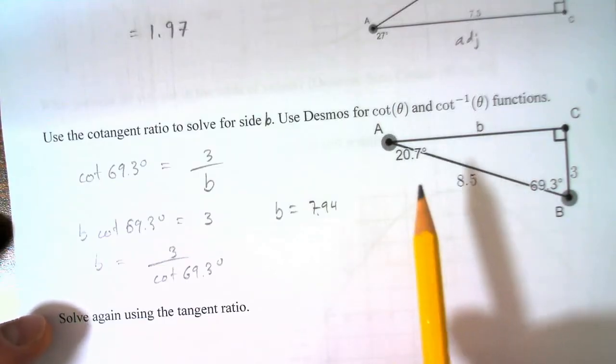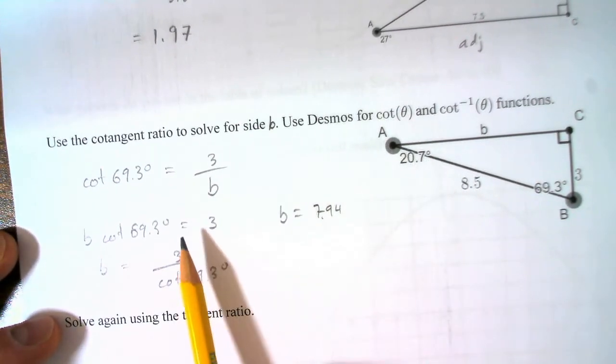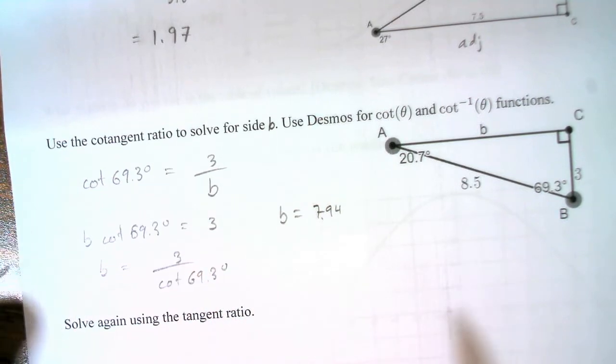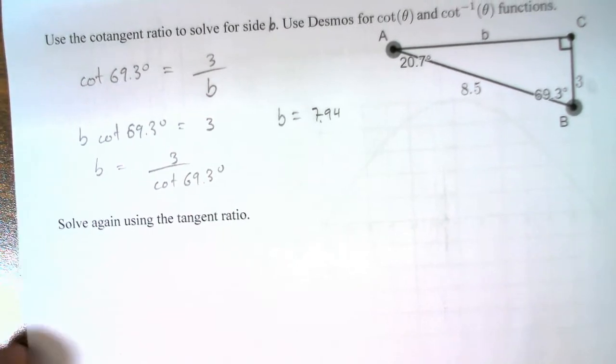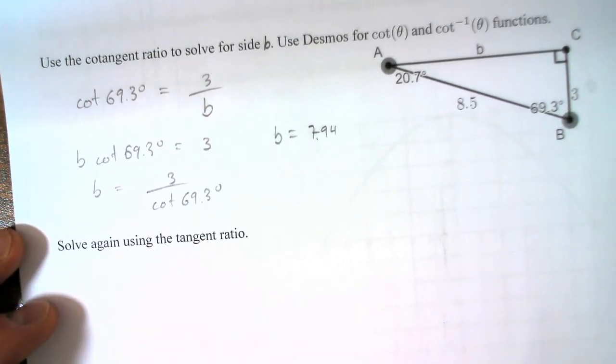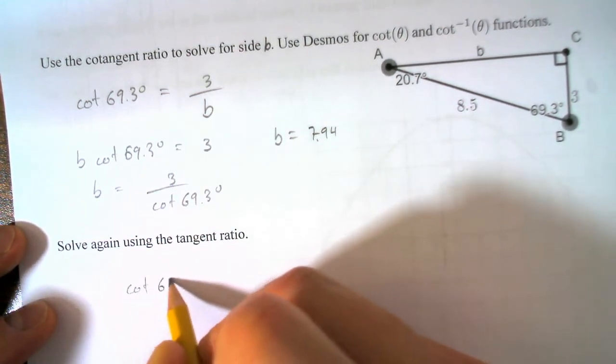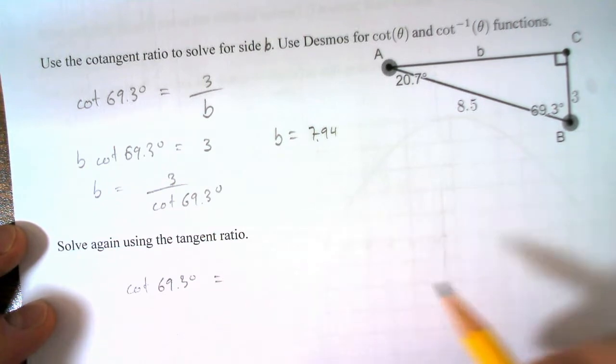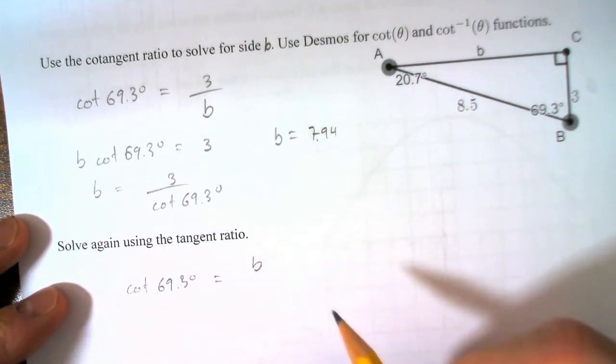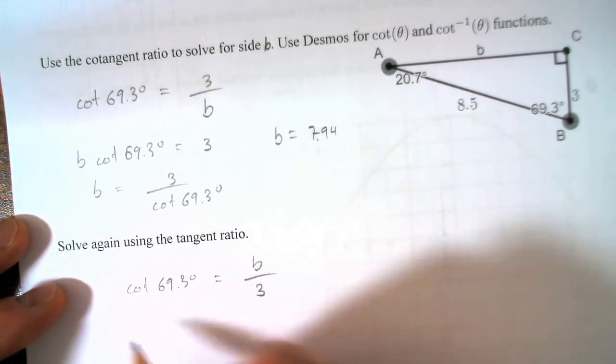We also could have used this angle and it would have been slightly less steps to arrive at the same number. So we can solve again using the tangent ratio this time, and we could use the same angle. And this time it's b over 3.